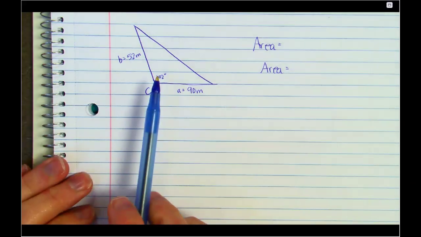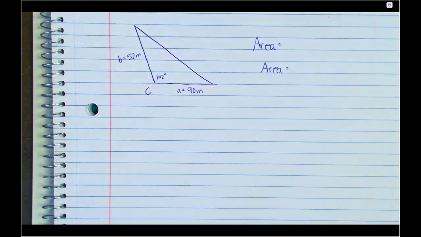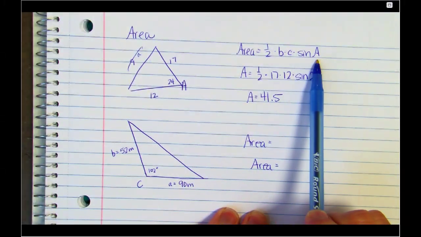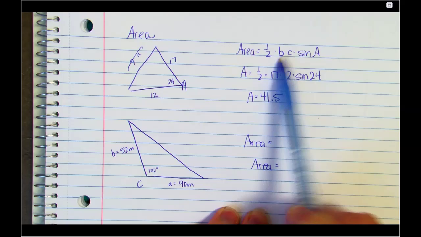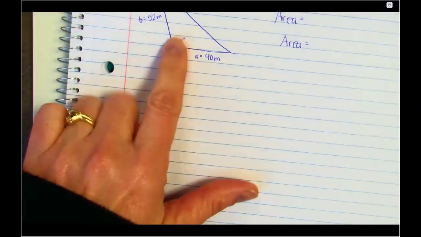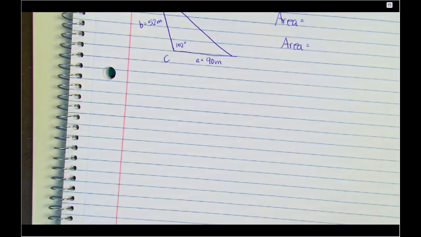So if you don't like the relabel idea, then let me show you this. This formula is the angle, whatever the angle is, and the two sides that make up the angle. Doesn't matter. So it's the angle and the two sides on either side of it.